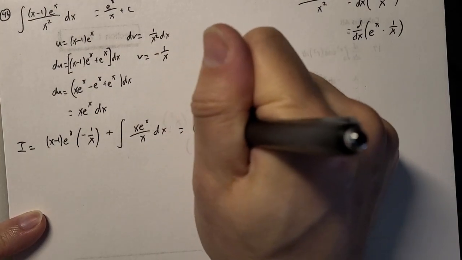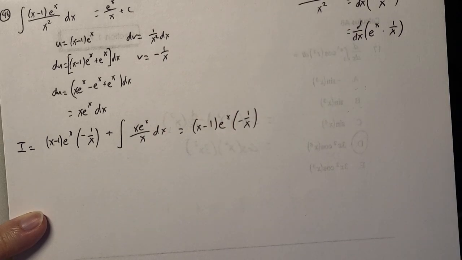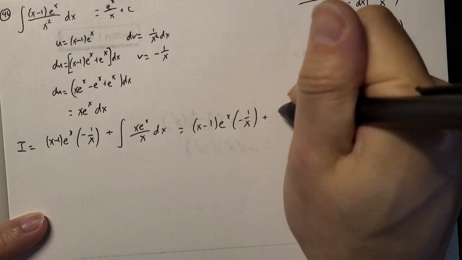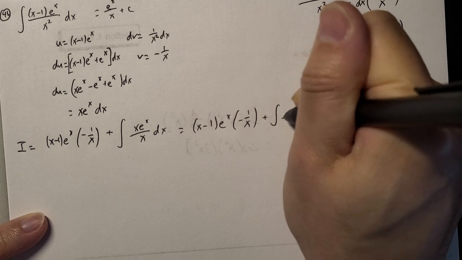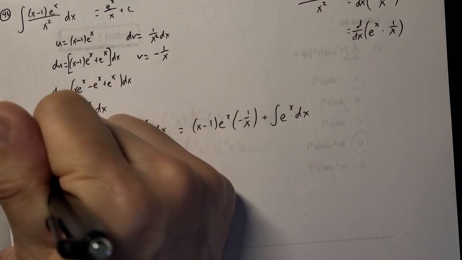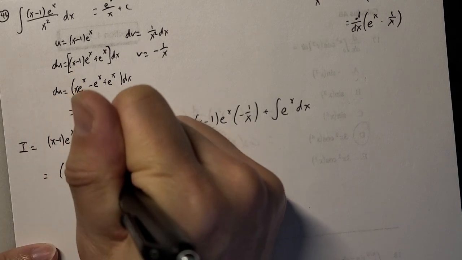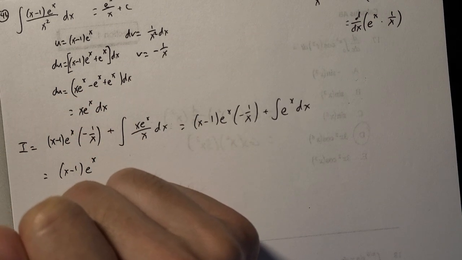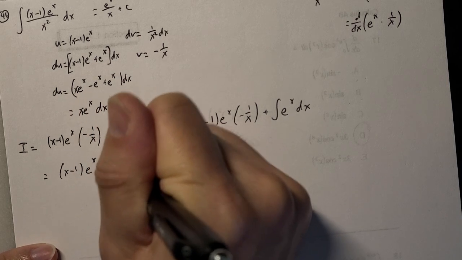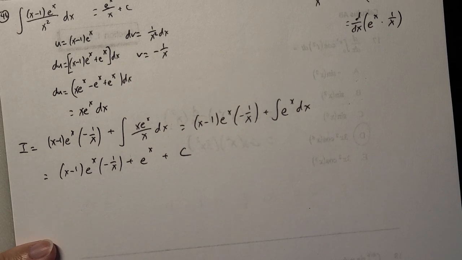And this is the first term. Let's write it the same. Okay, plus the integral of e to the x dx. And this is very easy. It just becomes plus e to the x plus c.